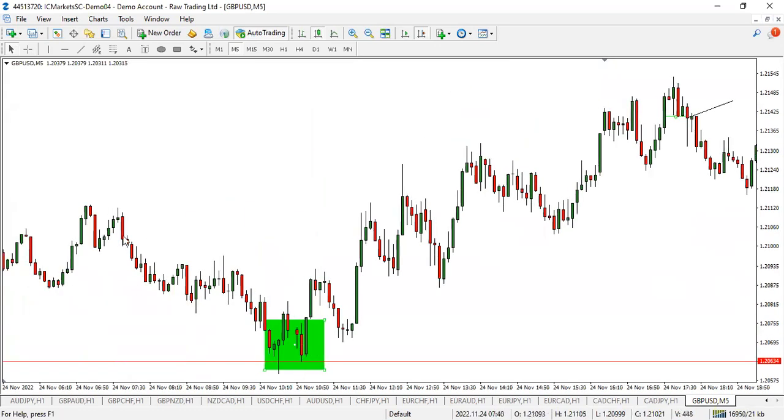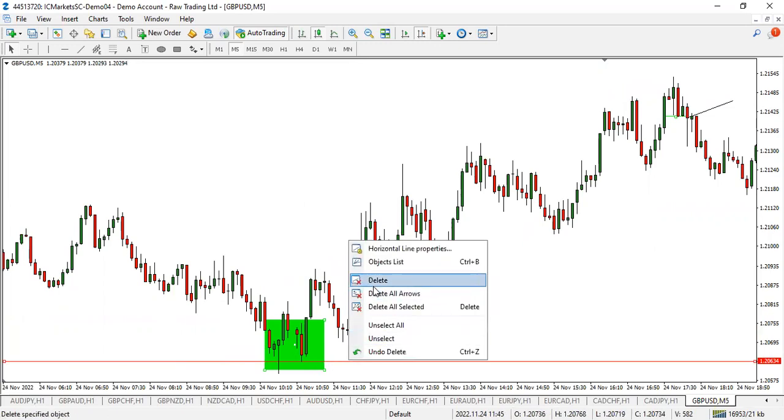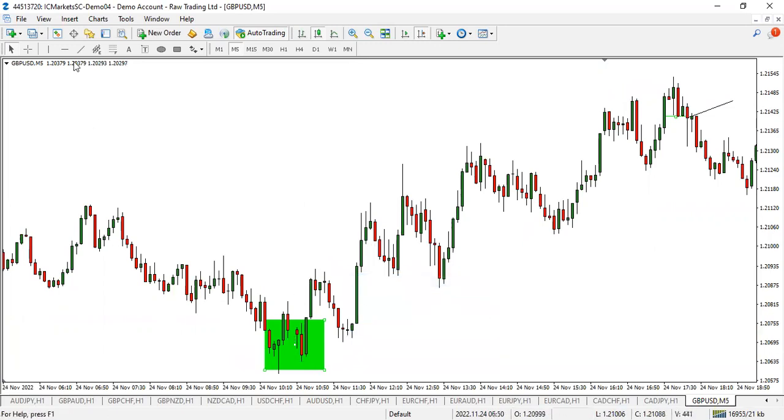So look at this, another entry pattern here. And the neckline area for this would be here. This is the candle that broke the neckline. So what you do in this instance is you can put a pending order here, a buy limit here.